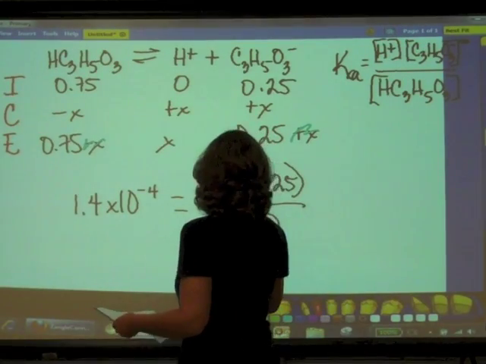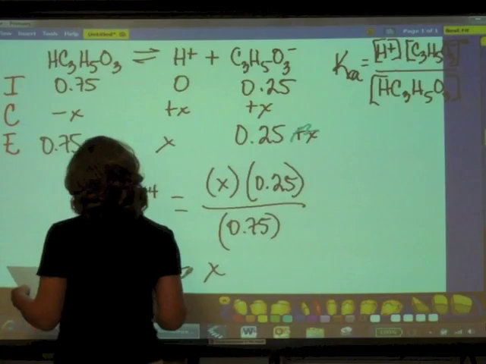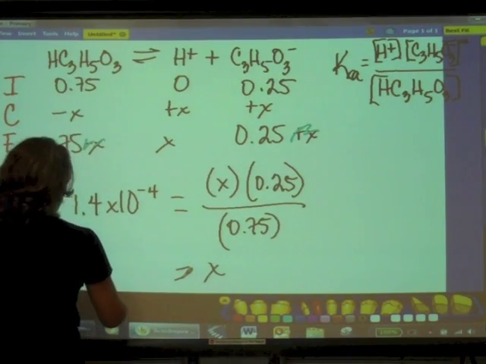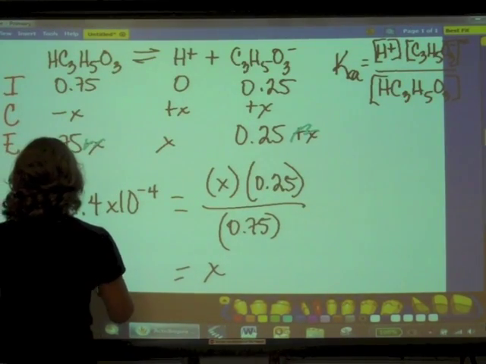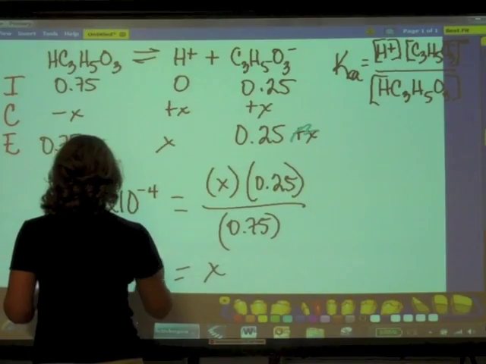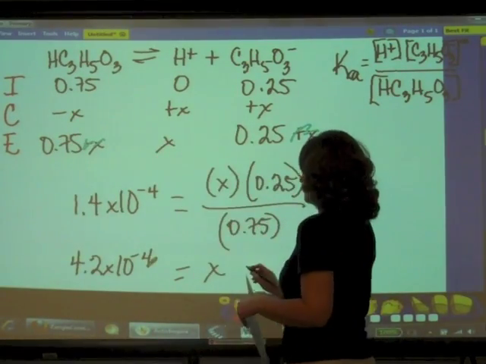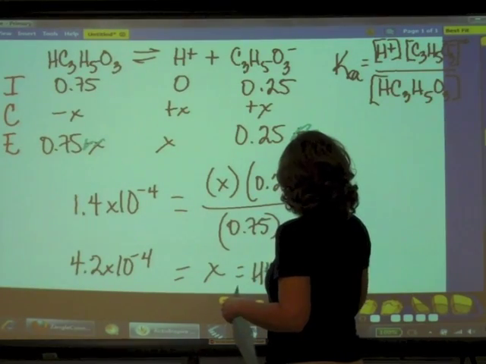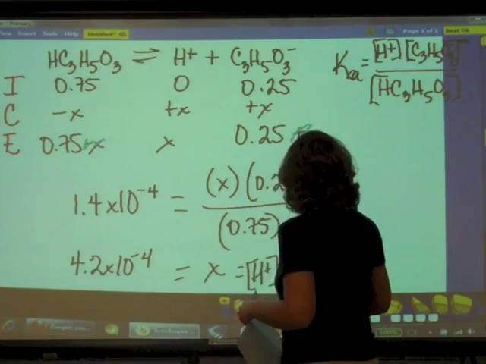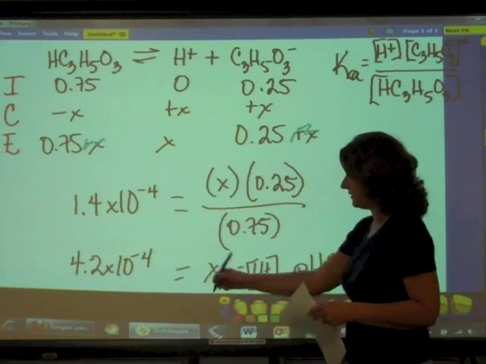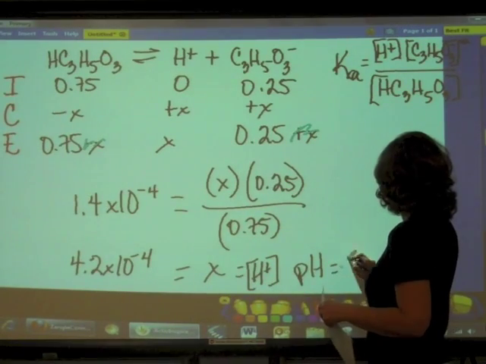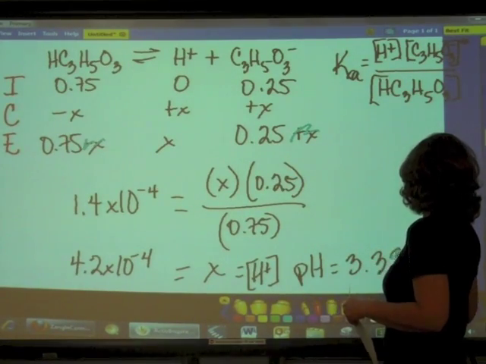I'm going to say x is equal to 4.2 times 10 to the minus 4th. Okay, and what is my identity of x? It's hydrogen. So my pH, of course, is going to be the negative log of that, which turns out to be 3.38.